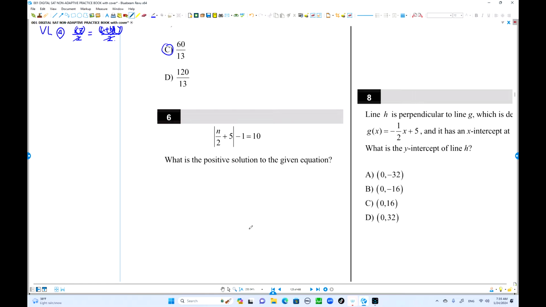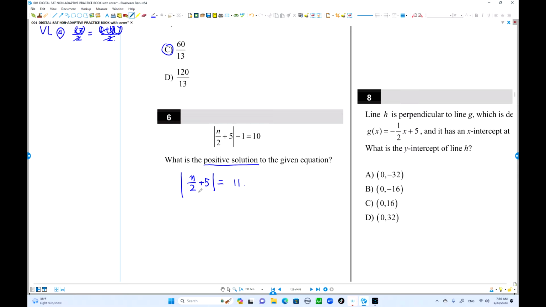Number 6. The absolute value of n over 2 plus 5, minus 1 equals 10, right? They're asking for positive solutions. So you know how to solve this: the absolute value equals 11.